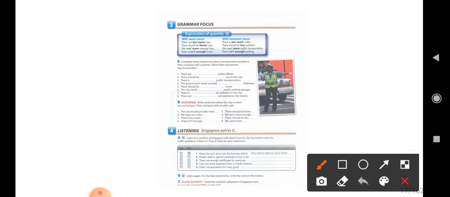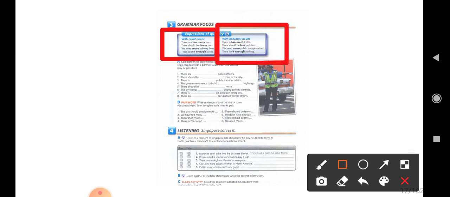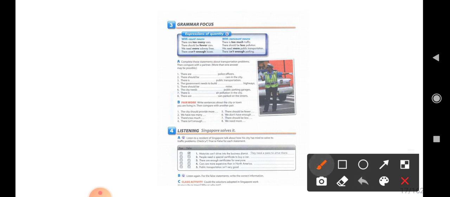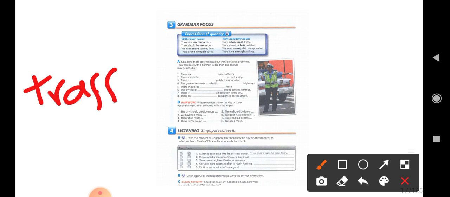So first, how do we know what the count or non-count nouns are? Count nouns are the ones that we can count, and non-counts are the ones that we can't, right? For example, the word traffic, that one is non-countable.